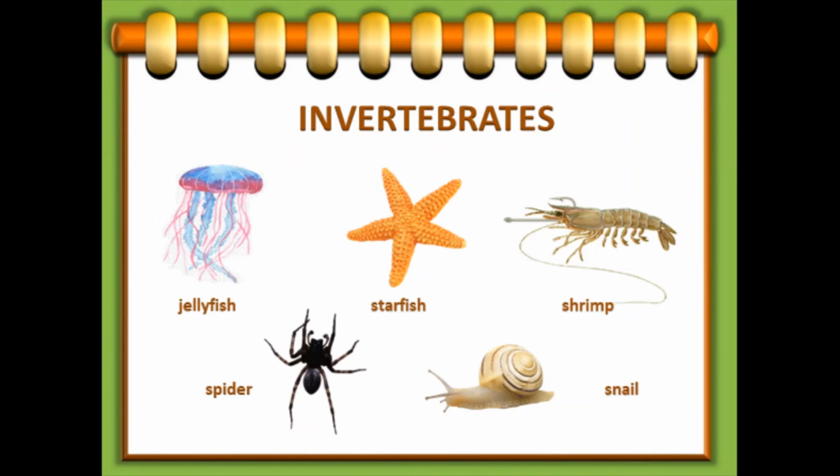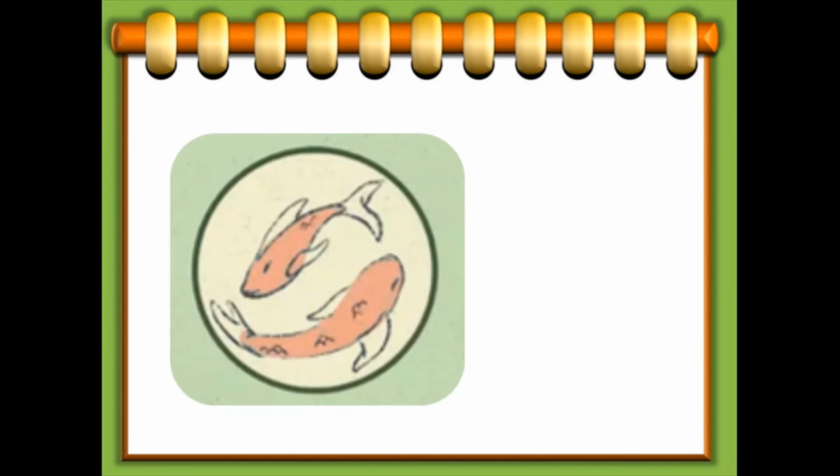Good job. These are all examples of invertebrates. Let's move on to fish. We all know fishes, right? What are the characteristics of fish?